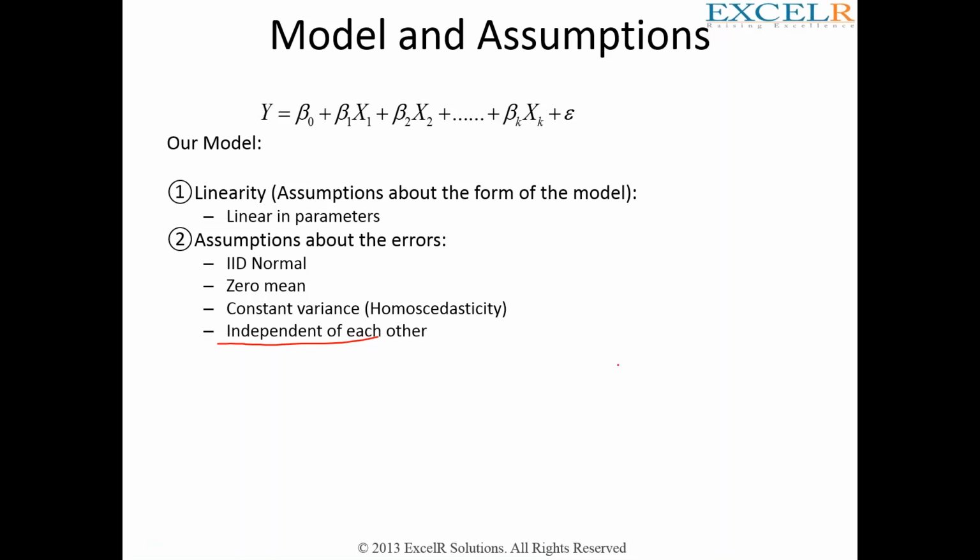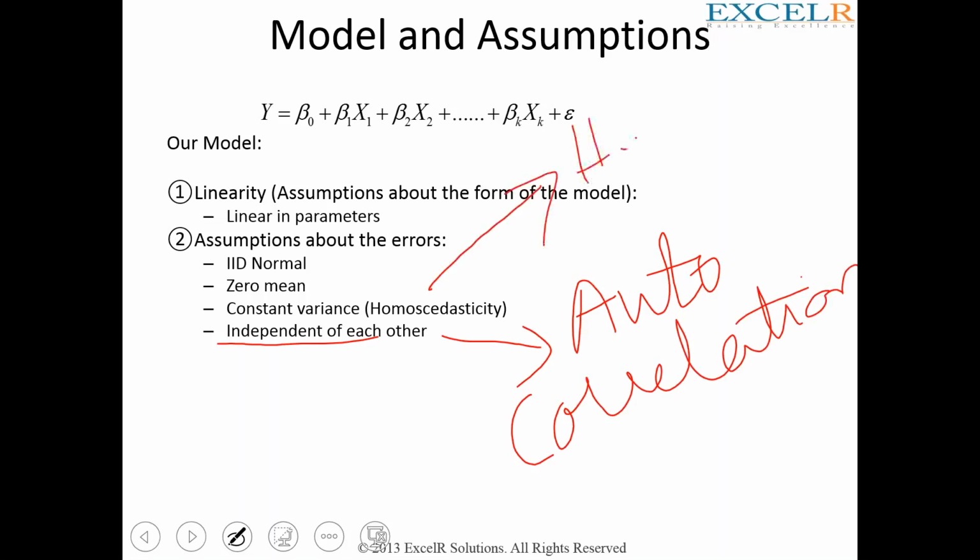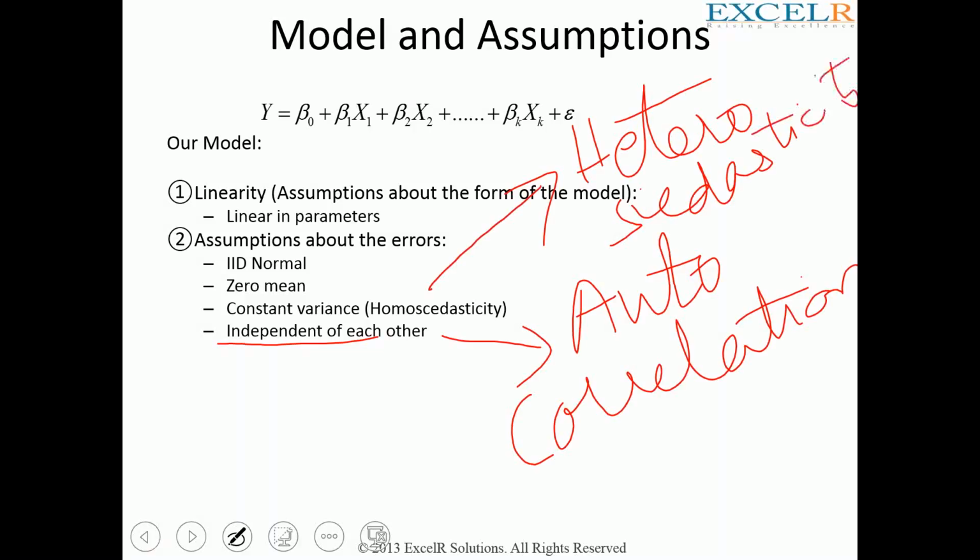If this assumption is violated, you call this autocorrelation. Right? There is another error which is coming up. I want you guys to let me know what that error is.